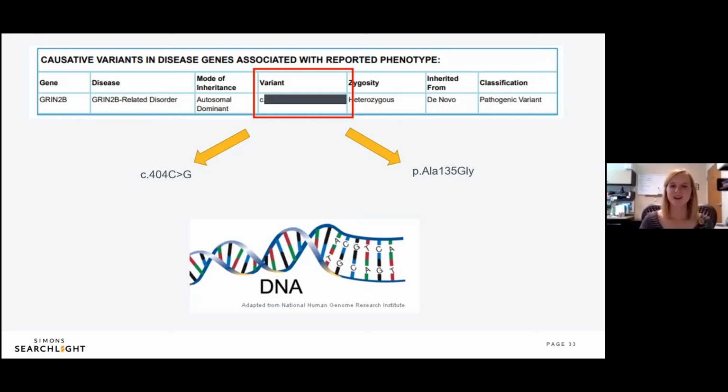Moving ahead to the variant type. This is the name of the genetic change. This tells your provider exactly what DNA is changed within the gene. Thinking back, this C dot is telling us the very specific DNA letter that's changed, and the P dot is telling us the protein difference that happens.